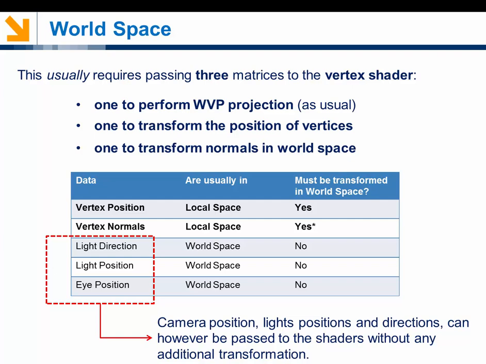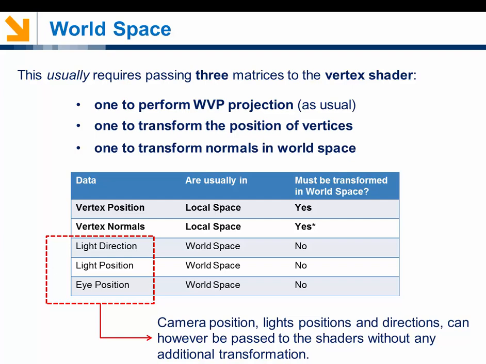So for example, if I have to move the vertex position from local space to world space, it is enough that I multiply the vertex position by the world matrix. In that way, I change the world for it.